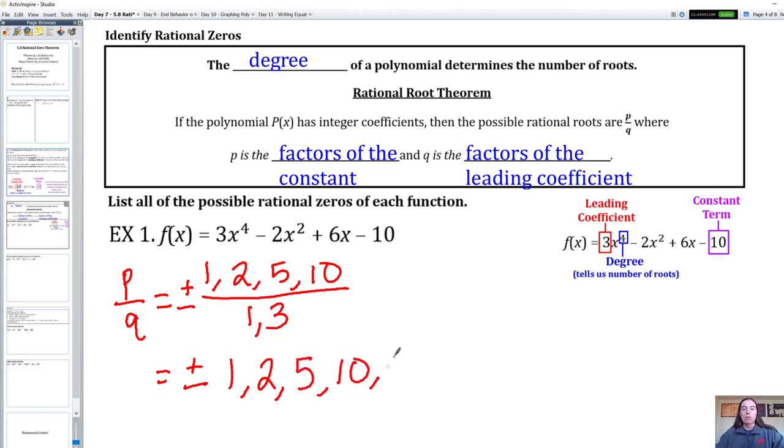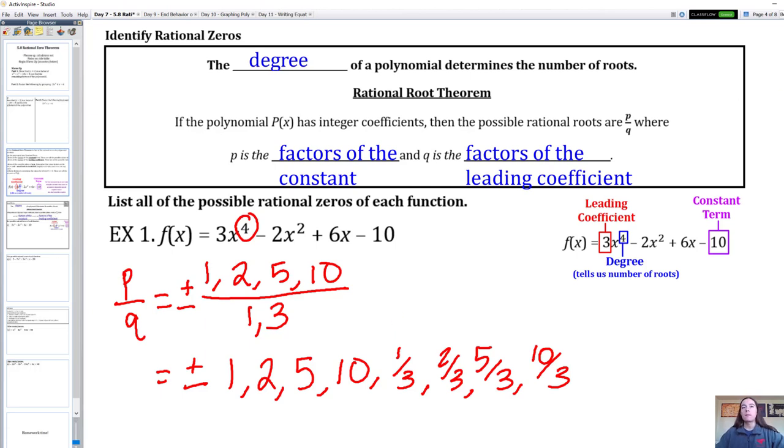Then 1 divided by 3 is 1/3, 2 divided by 3 is 2/3, 5 divided by 3 is 5/3, and 10 divided by 3 is 10/3. So all of these, the positive and the negative of each of these numbers, could possibly be the zeros of this polynomial. But notice the highest degree here is 4. So only 4 of these are actually going to work. We're going to worry about which ones they are later. Right now we're just listing all of the possible ones.